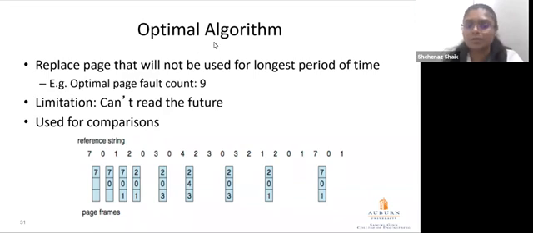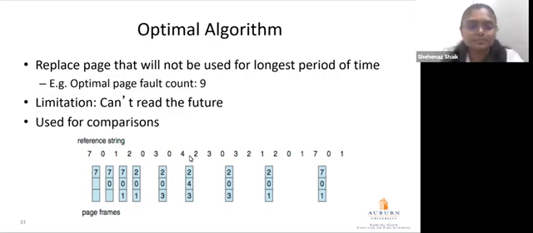For example, how much worse the FIFO approach is compared to this one. We can use this as a benchmark to identify the least number of page faults that can occur given a process references pages in a specific sequence, and given some number of memory frames.